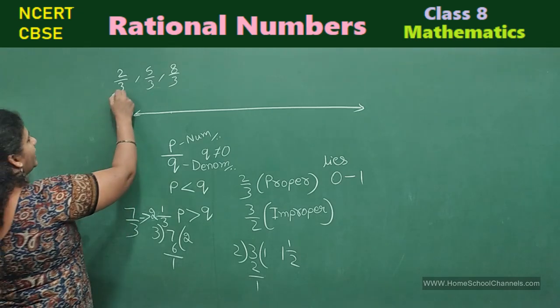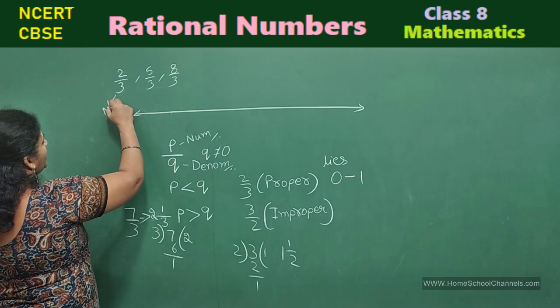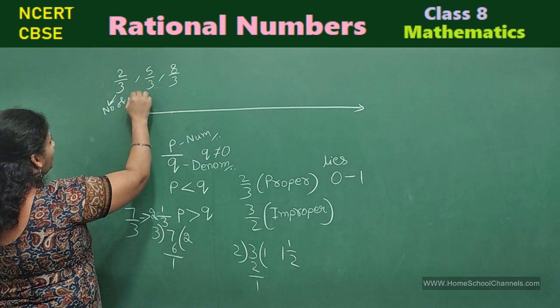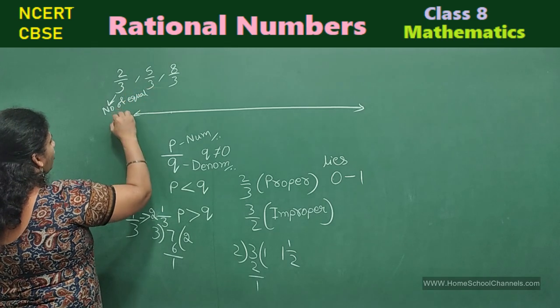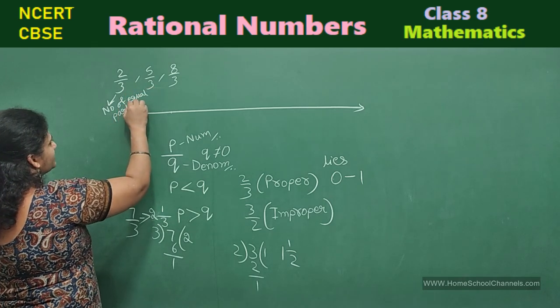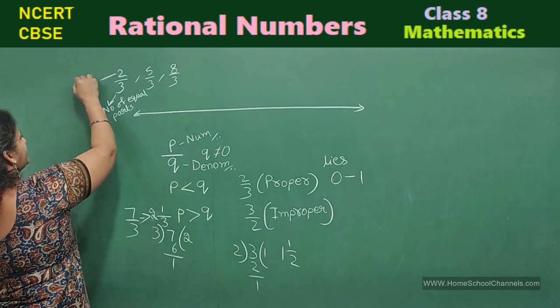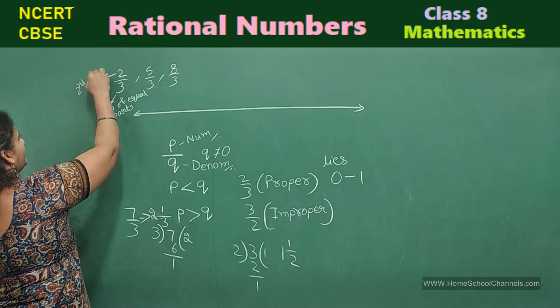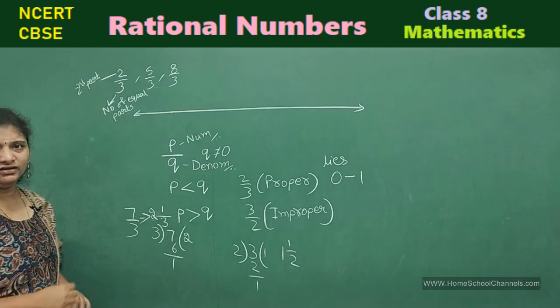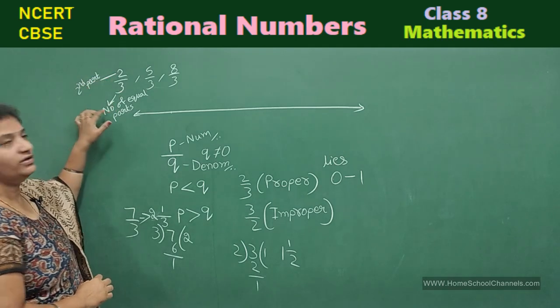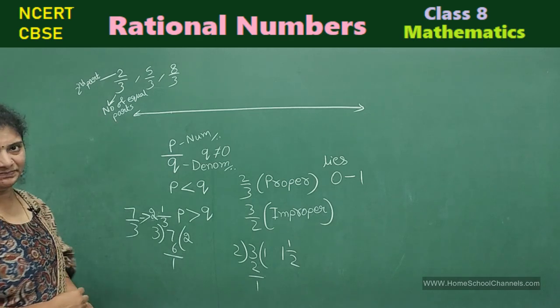Denominator indicates number of equal parts. Okay, and this one indicates second part. Okay, 2 of 3 parts you can say.